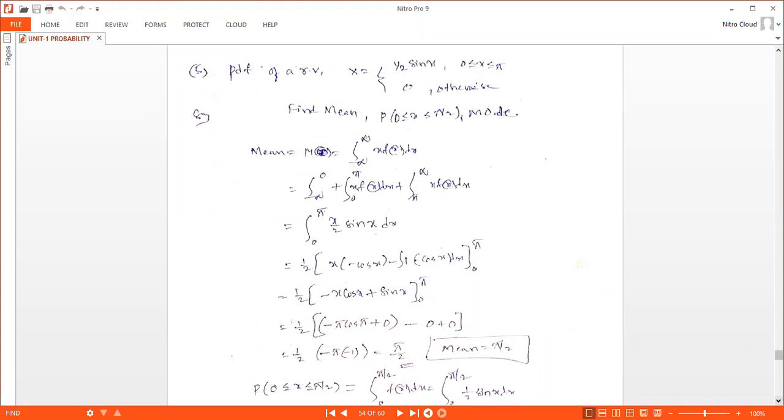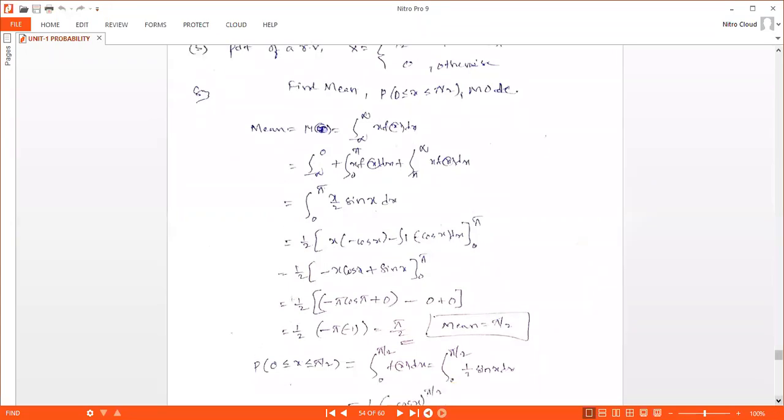So coming to the definition of mean, mu equal to expectation of x, equal to integration from minus infinity to infinity x into f of x dx. We can rewrite this as integration from minus infinity to 0, plus 0 to pi, plus pi to infinity.